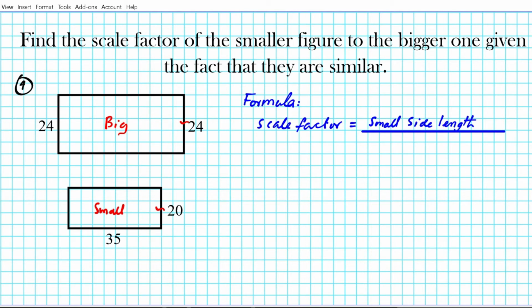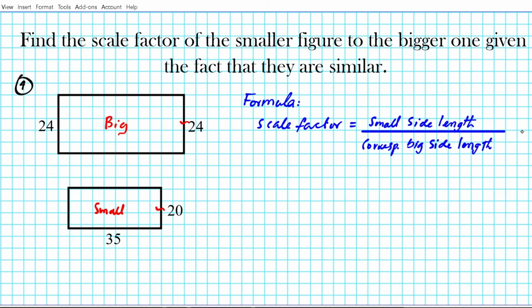We're doing small to big. You just need two numbers and you're good to go.